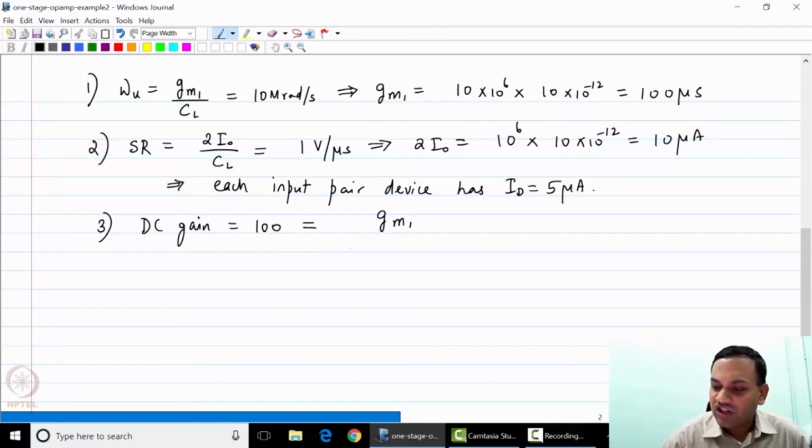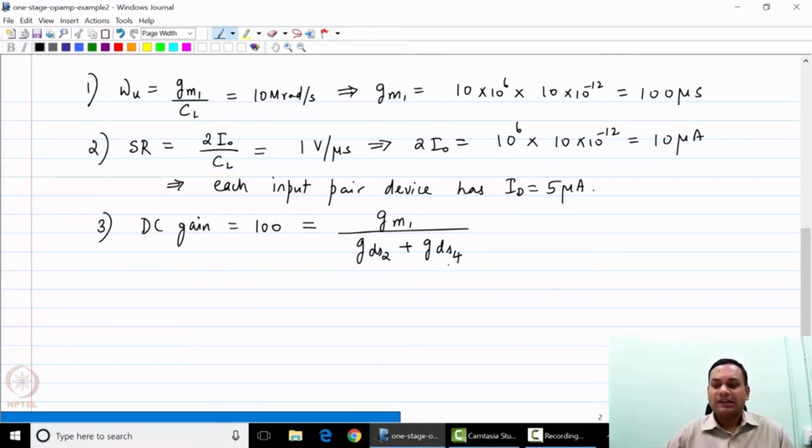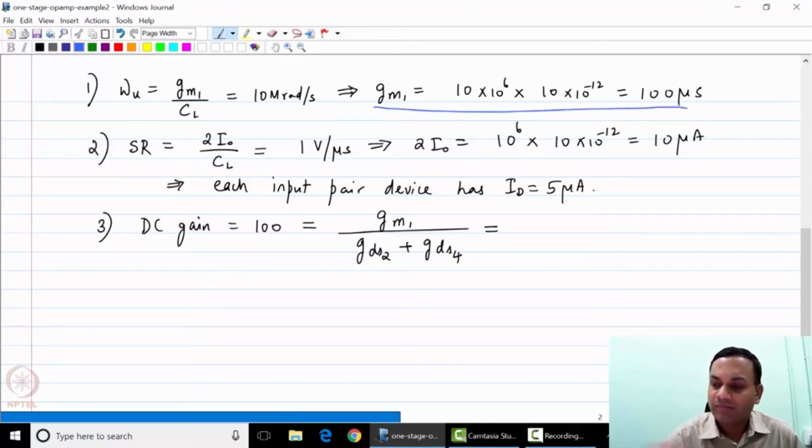This is nothing but GM of the input pair over the sum of the GDS2 and GDS4 of the output pair. Since we have already found out GM1 here, we will plug that in here.